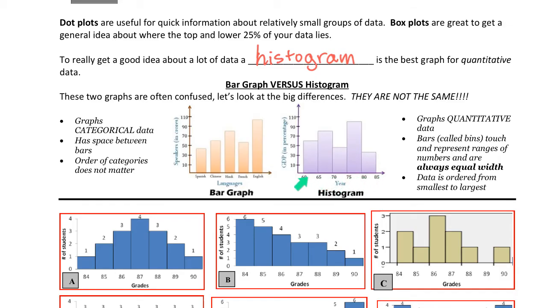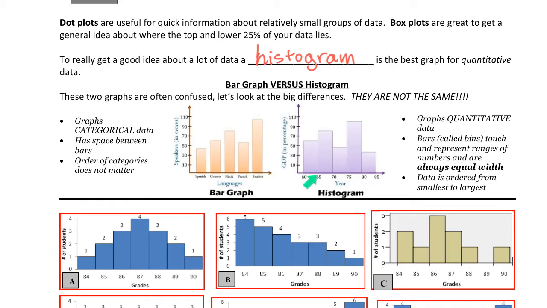Okay, so here's what's important to know too about histograms. These bars in a histogram are actually called bins, and they have a bin width. You can see that this first bin goes from 60 to almost 65, and this is another big mistake. If I had a data point that was exactly 65, it usually will go into the next bin.